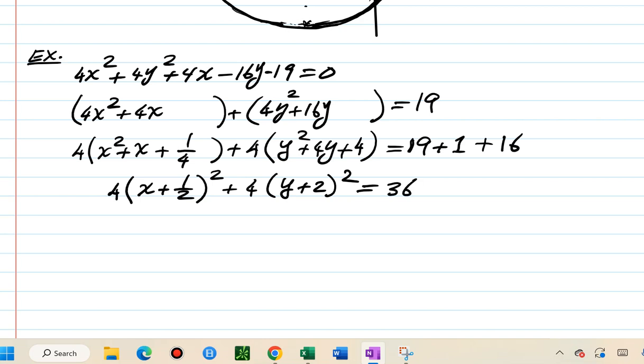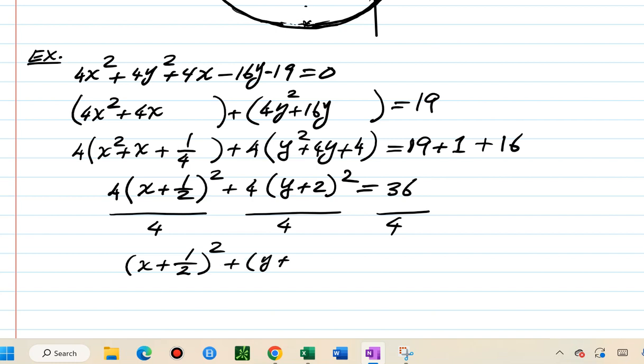Perfect. And the last step is to divide everything by 4, because we want to get the binomial by itself, no number before it. Plus y plus 2 squared equals 36/4, which is 9. And there you go. That is the equation.